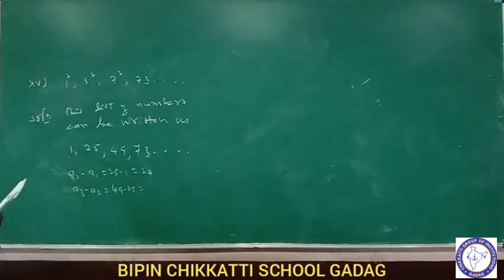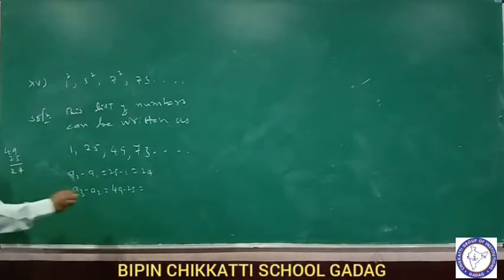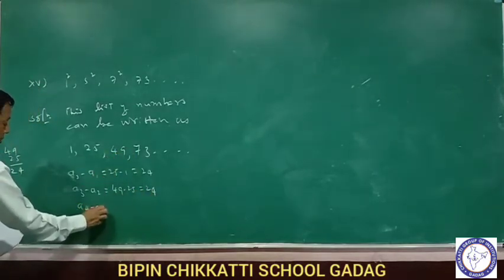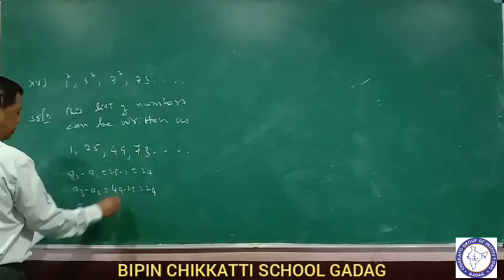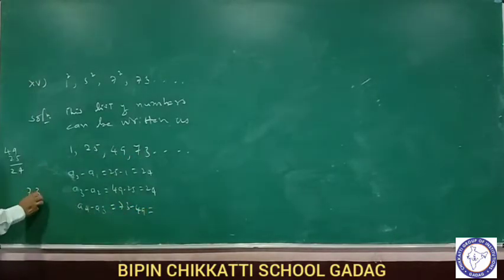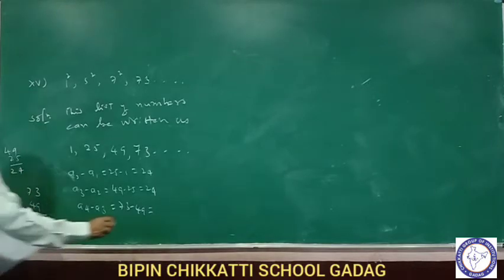Look at how you find this 49 minus 25: when you go for the result, 9 minus 5 comes 4, and again it is 24. One more you have to check, A4 minus A3, 73 minus 49. How much? You have to see that this comes 24. Here also we will get 24.